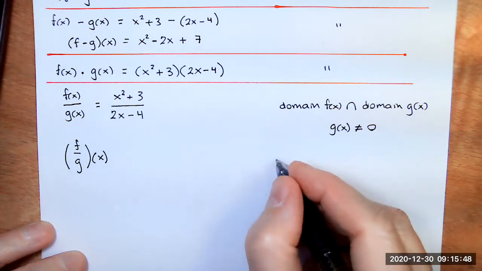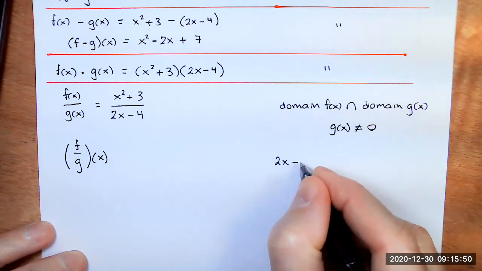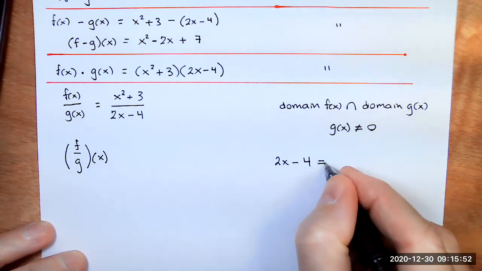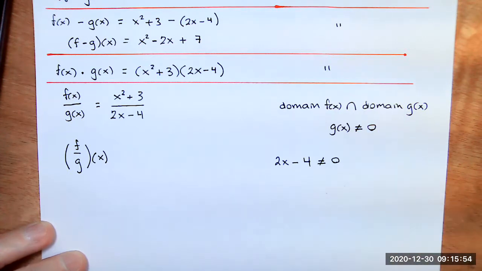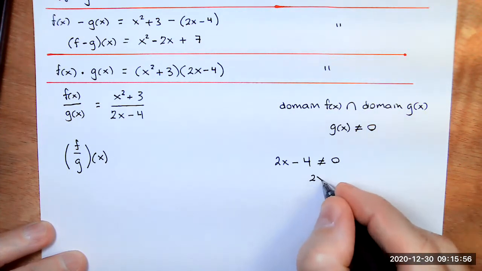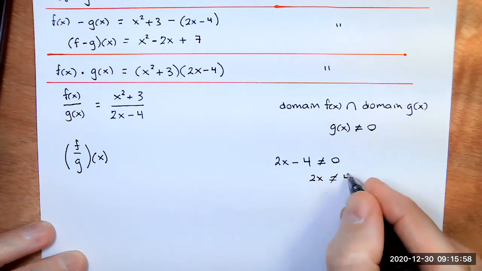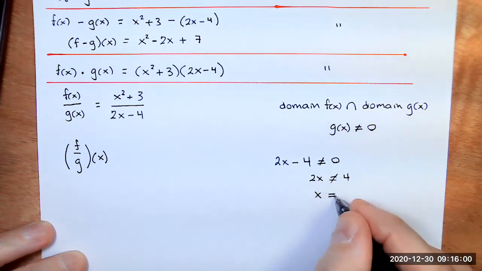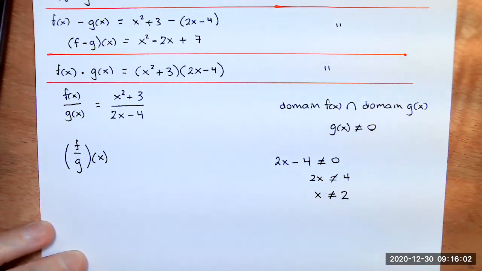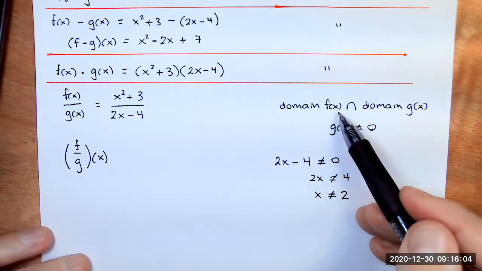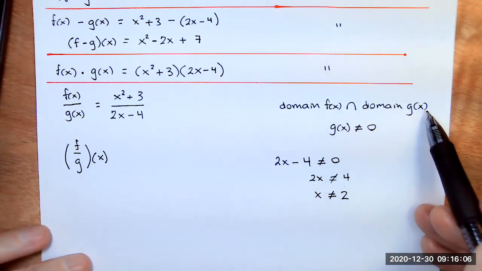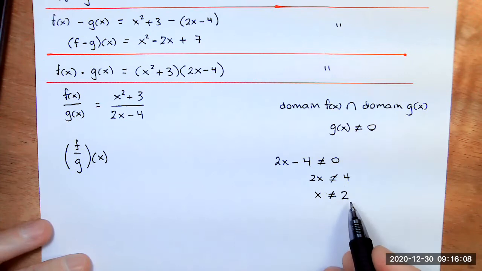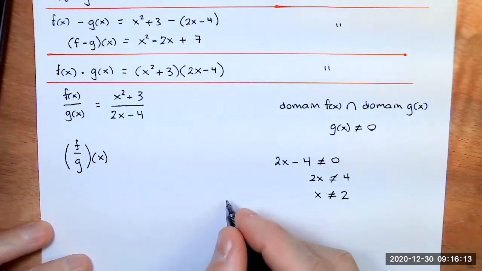So in this case, we just have to find the x such that g of x is not 0. The domain of f was all real numbers. The domain of g is all real numbers. So our domain is all real numbers, x not equal to 2.